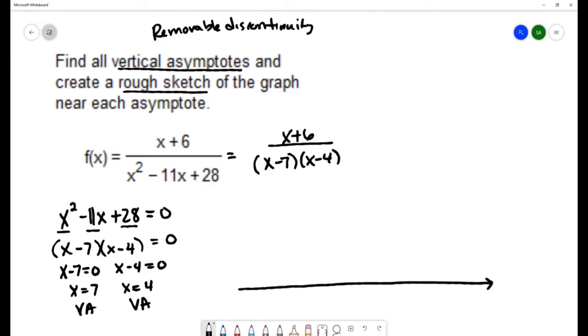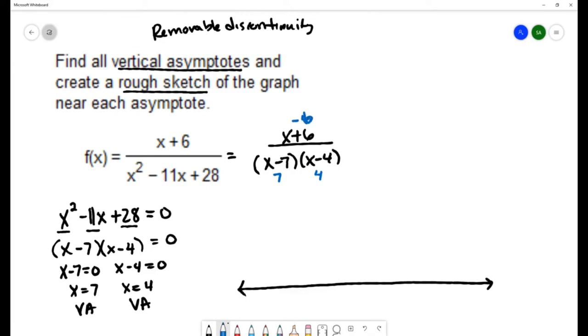And on that number line, we're going to put all of the zeros of the factors from the numerator and denominator. So we already got the zeros for the denominator, that's 7 and 4, but we also want to use the 0 from the numerator as well, which would be negative 6.